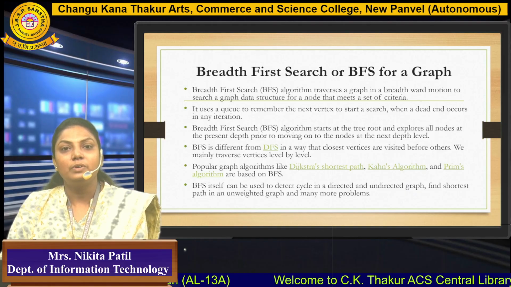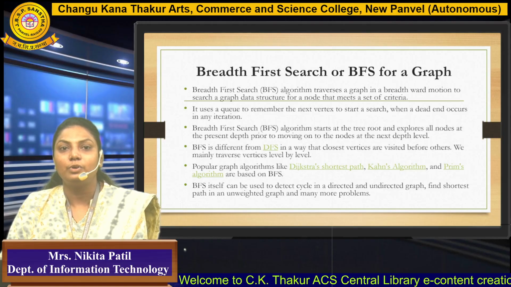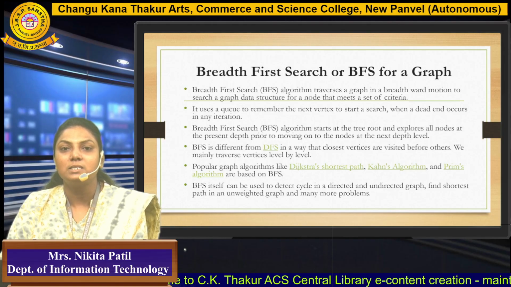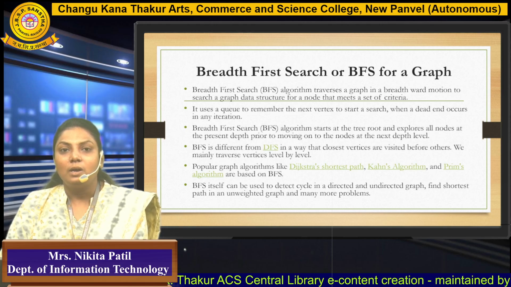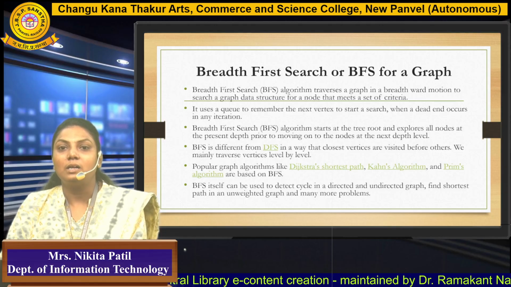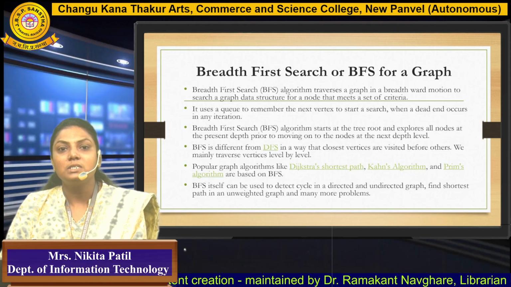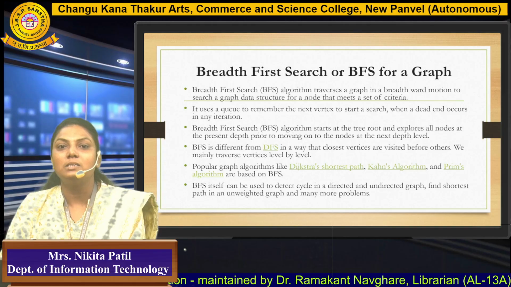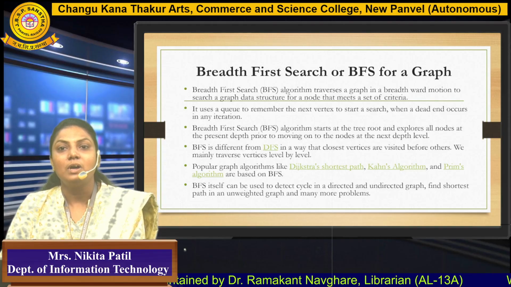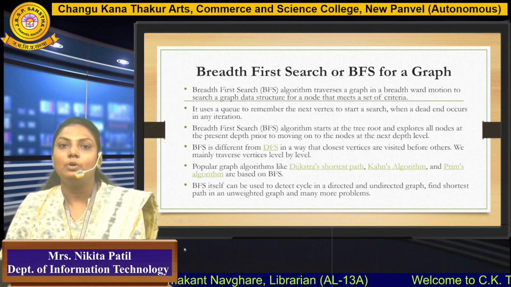BFS differs from DFS in the way closest vertices are visited before others. We mainly traverse vertices level by level. Popular graph algorithms like Dijkstra and Prim's algorithm are based upon breadth first search. BFS itself can be used to detect a cycle in directed and undirected graphs, find the shortest path in an unweighted graph, and many more problems.